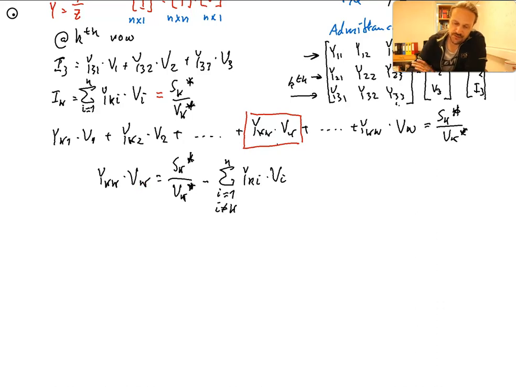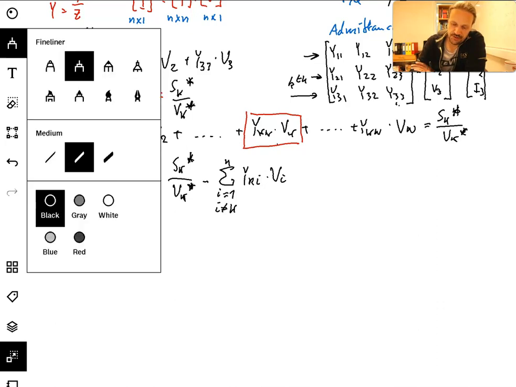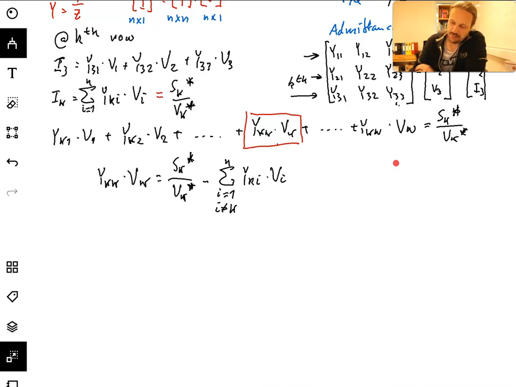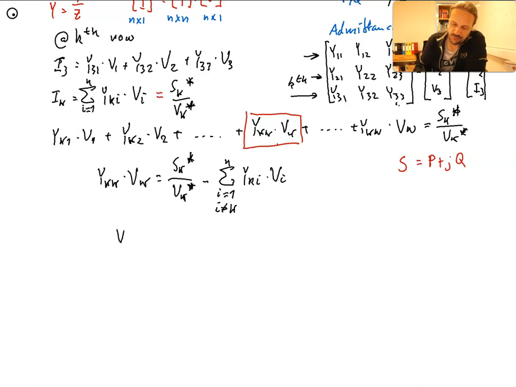And then I want to look at VK alone, and I want to solve for this complexity again, because I know another thing that I know is that this SK conjugate, or let's just take, for now, S at any bus, S is equal to P plus JQ, because that's going to help us in noticing that when we go for VK here alone, I have to take this 1 over YKK. Then I have to take this SK conjugate.